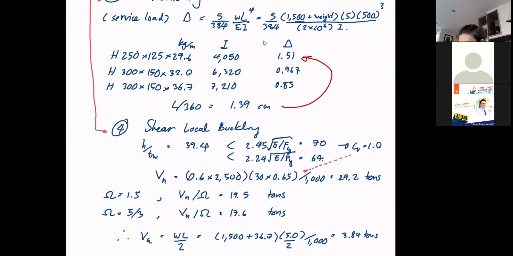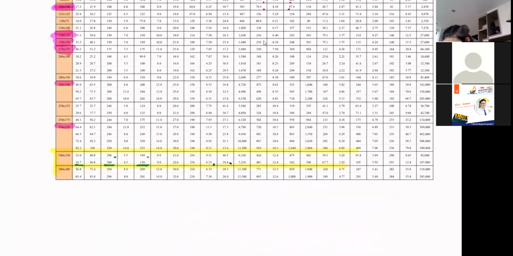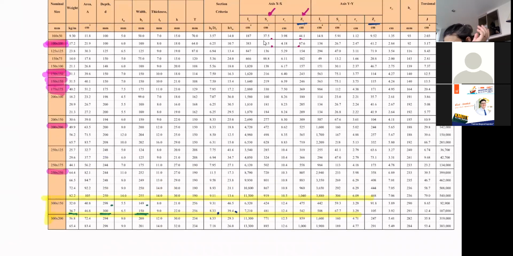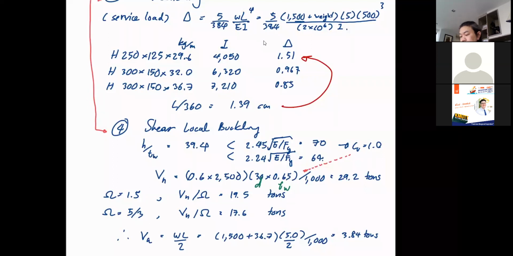That's D. That's Tw. Maybe too quickly, so let's go back. See? That's Tw. It's 0.65 because it's 6.5 millimeters, and that's the actual depth. So basically it's just these two. Okay, thank you. Cheers.